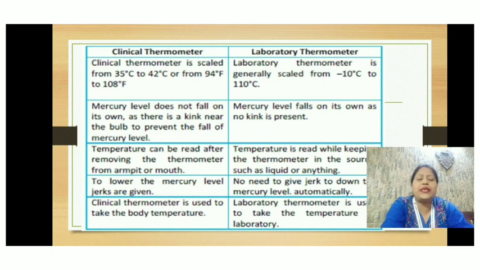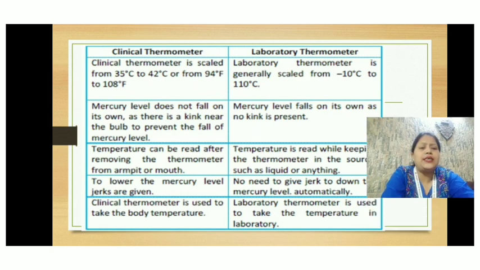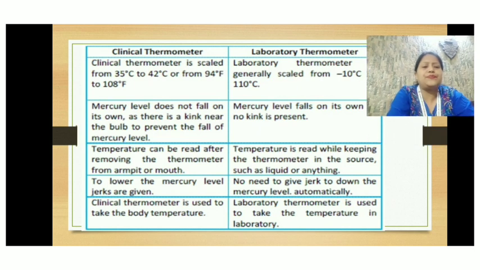We can note the temperature after removing it. But in case of the laboratory thermometer, temperature is read while keeping the thermometer in the source, such as a liquid. So we cannot remove it. We have to read the temperature by placing the thermometer in that particular source.